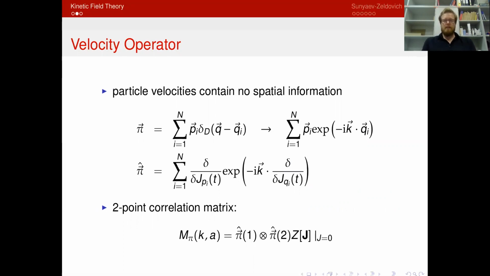So the particle velocities or momenta do not contain any spatial information. So in order for a particle to contribute to the velocity field at some position, we need to impose that it can only contribute at its respective position, meaning that we have to multiply the momentum of particle i with a Dirac delta distribution that chooses the position of the particle.